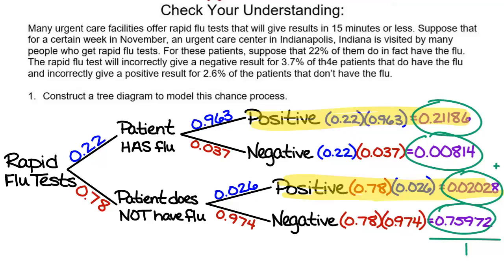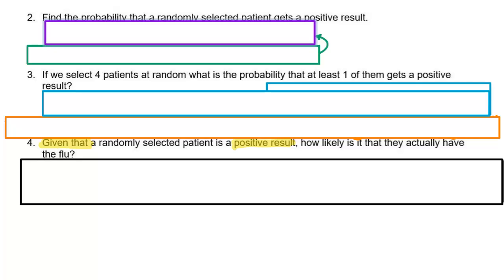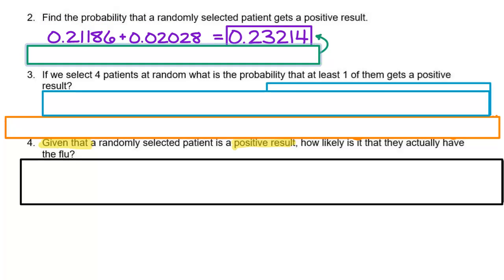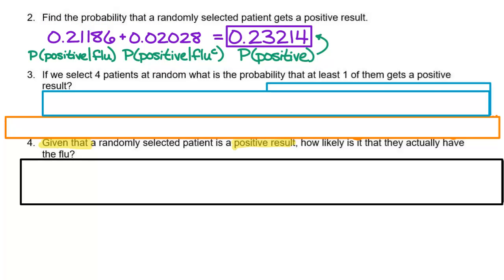What do I get when I add my has the flu and positive, doesn't have the flu and positive? Yes. We get 0.23214. That is positive given flu complement.